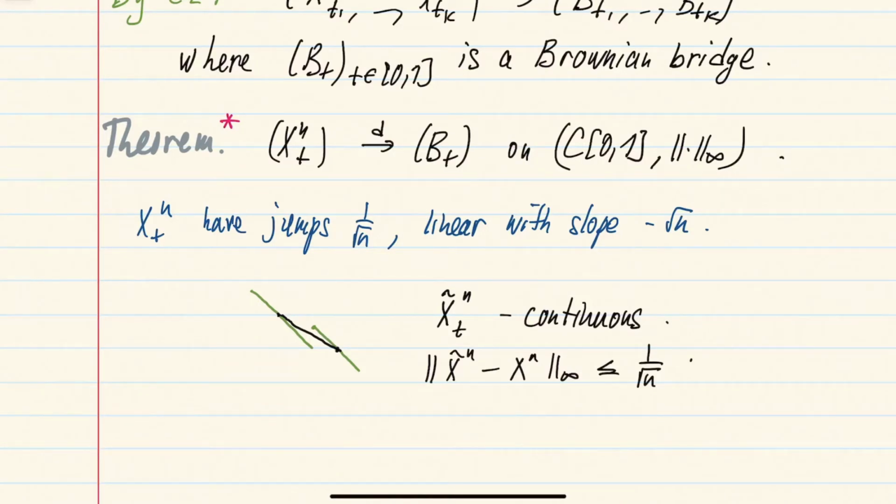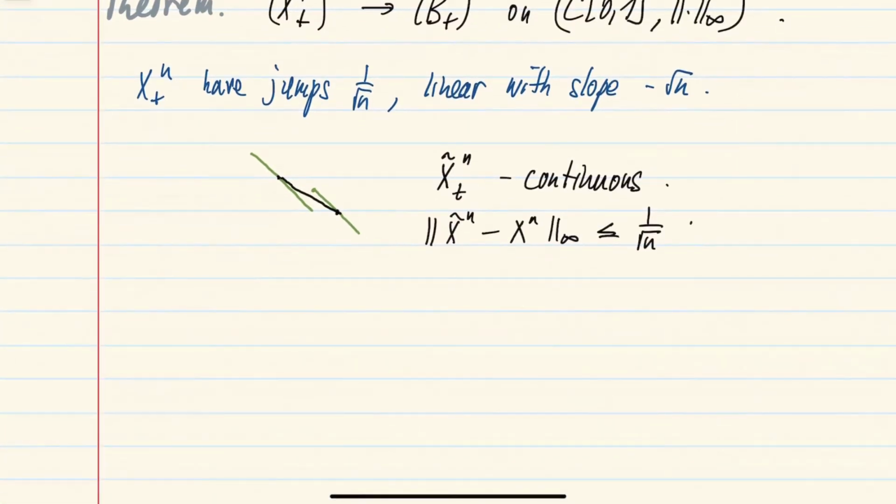So we have to understand the above theorem for some continuous modification which is uniformly close to our original process. The reason I stated it for X_n is because both in the proof and in application you can immediately go from X_n tilde to X_n just because of this uniform control of their difference.